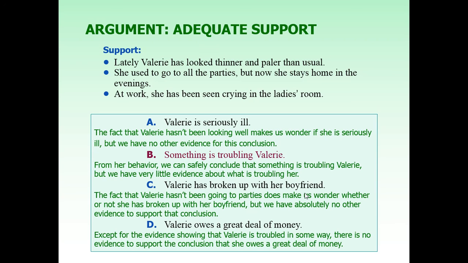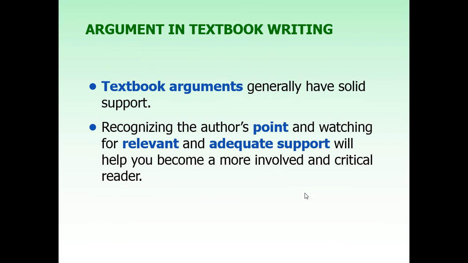It just says she's been crying in the ladies' room, staying home, and so on. So we can't assume. Now, if they said she had a 100-something degree fever, then yes. But it mentions nothing about that. So we have to go with what is vague or general. Something is troubling Valerie. We don't know what, but something.